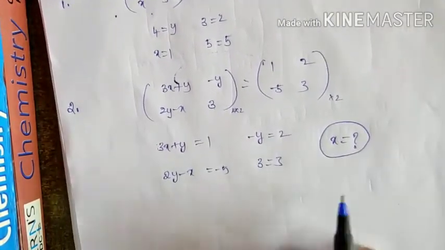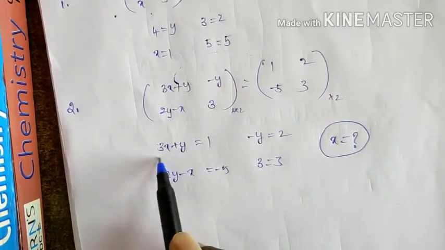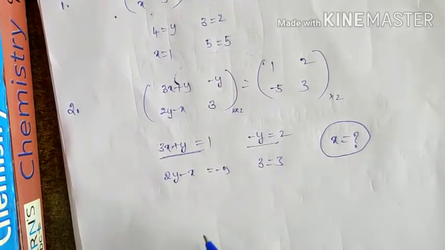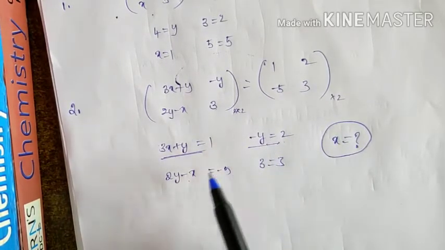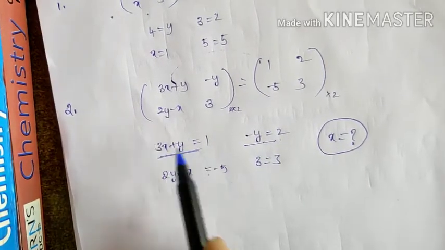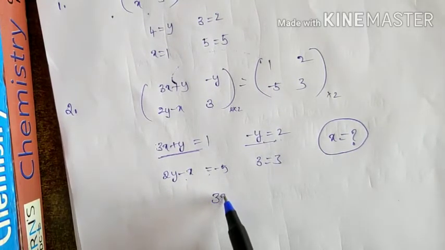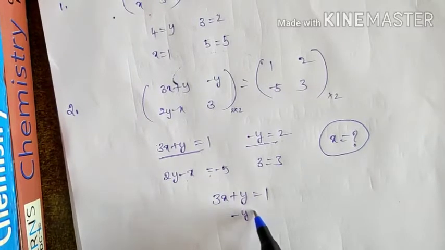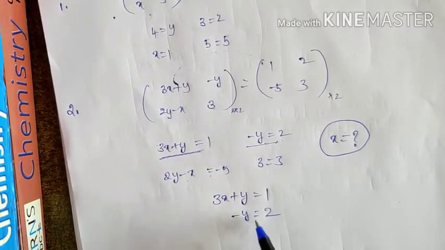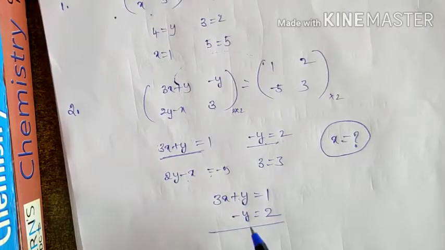So now let's see how we can find it. If you consider this one and this one, we will get the values. Or if you consider this one, we will get the y value and just substitute the y value in the expression. Now I consider 3x plus y is equal to 1 and minus y is equal to 2. We can substitute this value in this expression or just add these two.